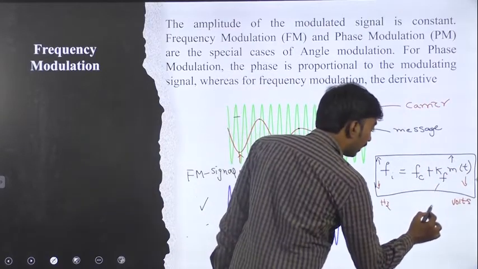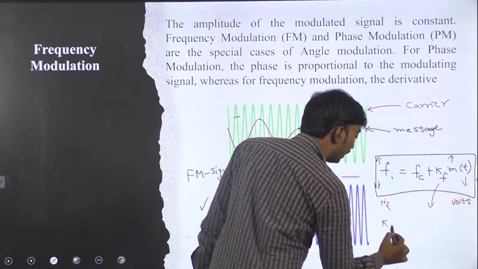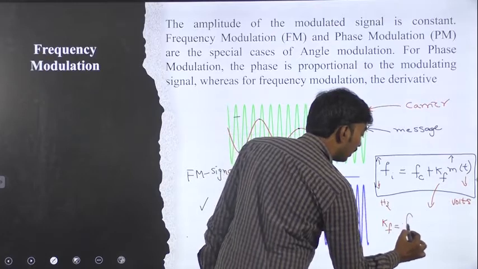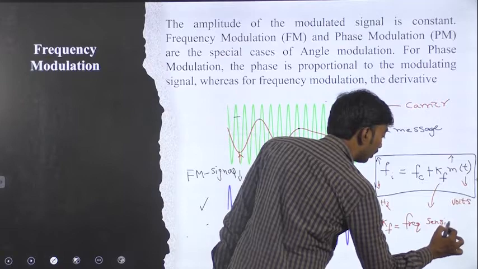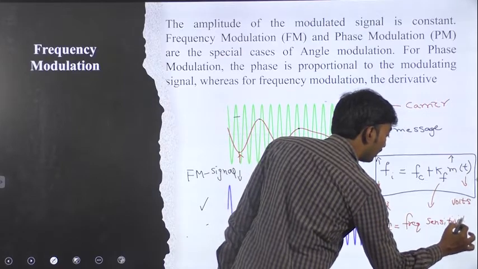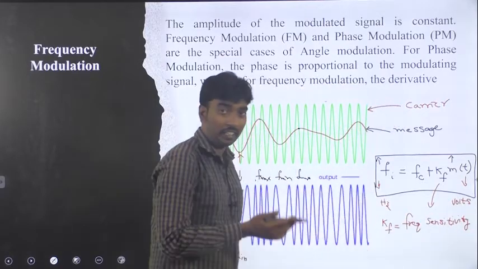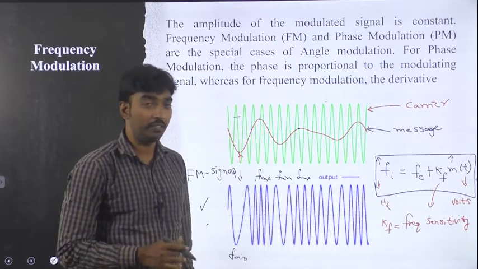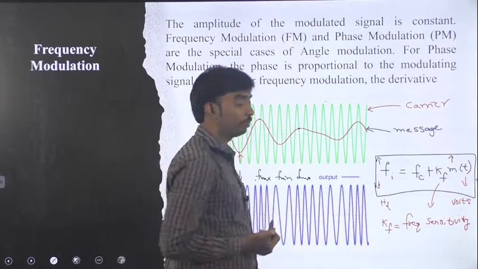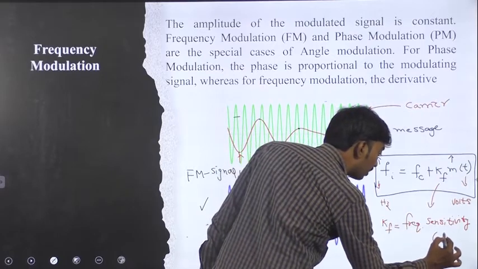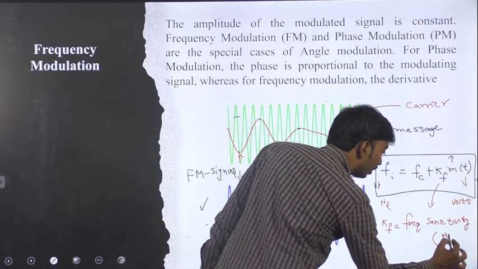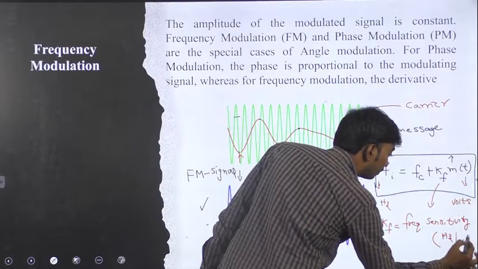Now Kf is nothing but frequency sensitivity. Like similarly we have seen Ka in amplitude modulation, amplitude sensitivity. Now similarly Kf, frequency sensitivity. The units for Kf is hertz per volt.